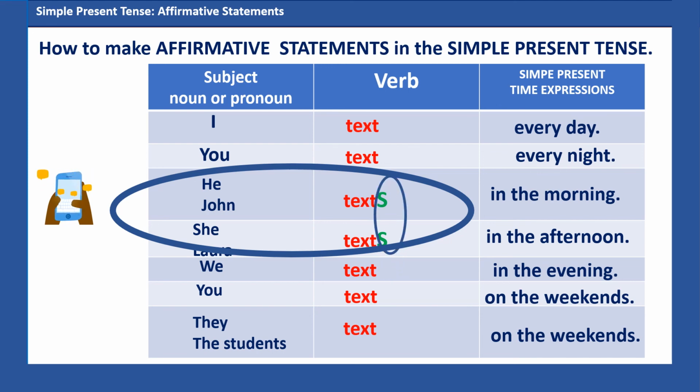There's the letter S. So, when you have a verb with I, no S. With you, no S. But with he, she, and it, there is an S. We, no S. You, no S. And they, no S. So you put an S in the simple present tense, with the subjects he, she, and it.